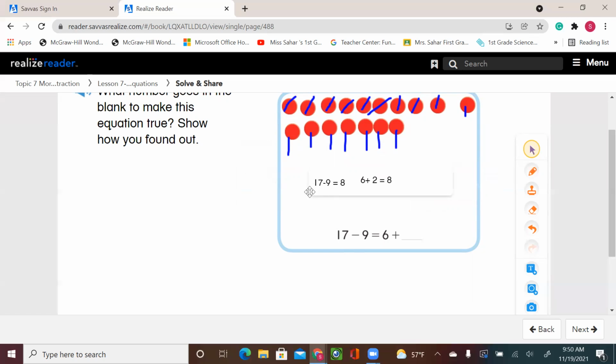So now I know that the first part of my equation, 17 minus 9, equals 8. And then the part after the equal sign, 6 plus, what was the missing number? 2. So now I know that 6 plus 2 equals 8. So if I want to read this question, I will say 17 minus 9 equals 6 plus 2. Easy, right?